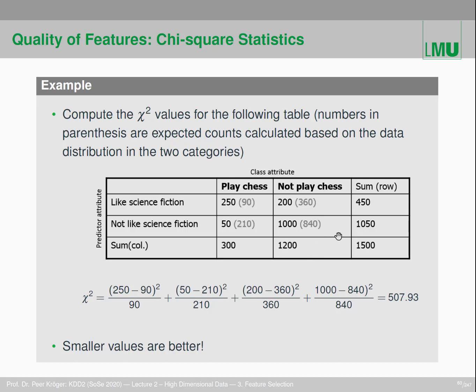So the expected values for playing chess in the not like science fiction fraction of 1,050 people would be 90, and the not play chess fraction in the not like science fiction fraction should be 360.